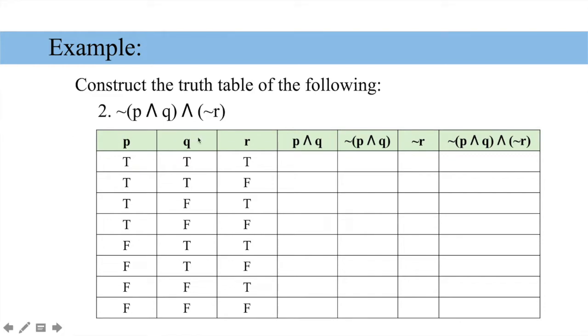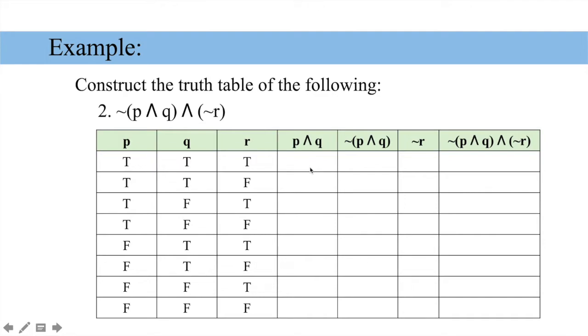Okay. So we need to get this, P and Q. Then the negation of its answer, which is why it is inside parentheses. We get P and Q, then its negation, then the negation of R, so that we can AND them here. So P and Q, this is our P column and this is our Q column. P and Q is only true if the two constituent sentences are true.